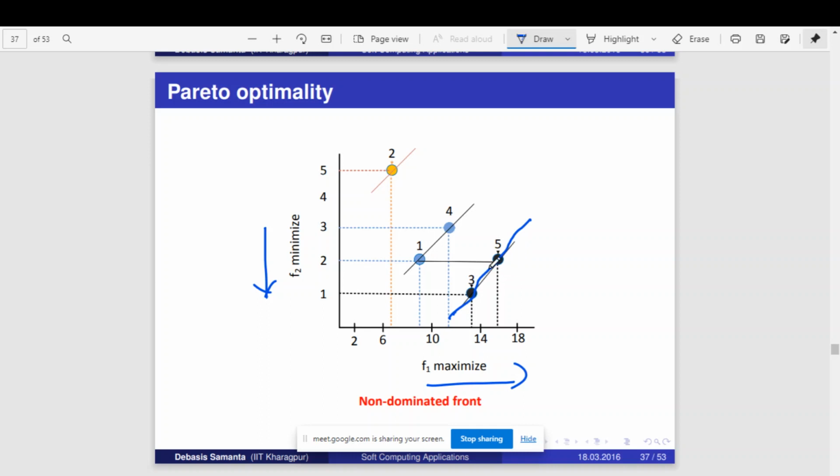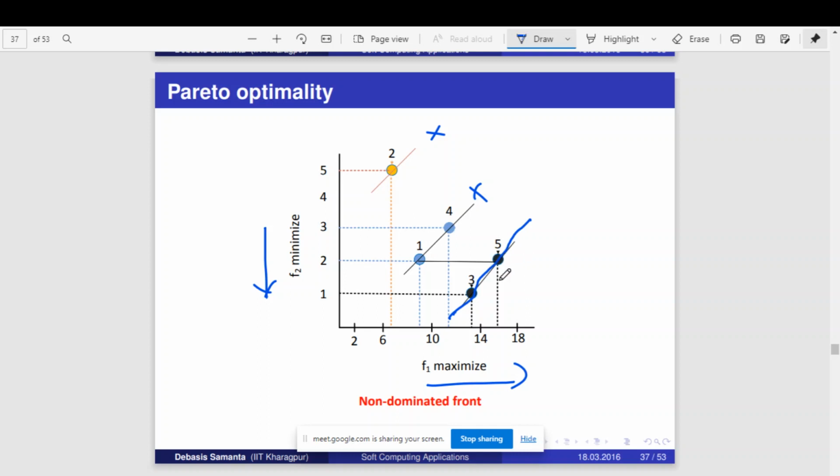Now tell what is the definition of Pareto optimality. Okay. So let us consider only these two solutions. Ignore these things. Say 5 is one solution, 3 is another solution.